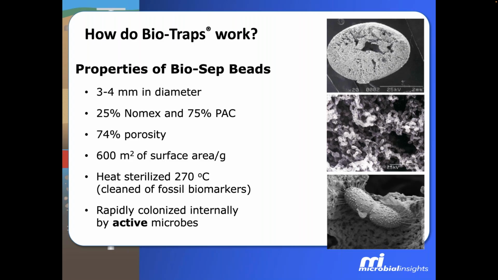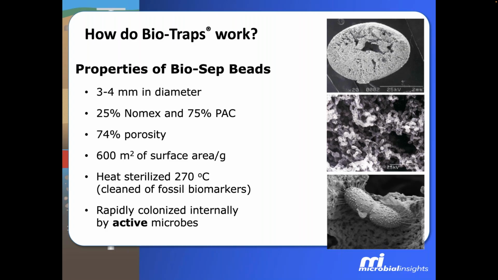So you can basically think of Nomex as kind of holding powdered activated carbon in a three-dimensional matrix. So it has a very, very high porosity, has a very high surface area, as you can see here. And because of the thermal stability of Nomex, these beads can be heat sterilized at 270 degrees centigrade before they come to you.